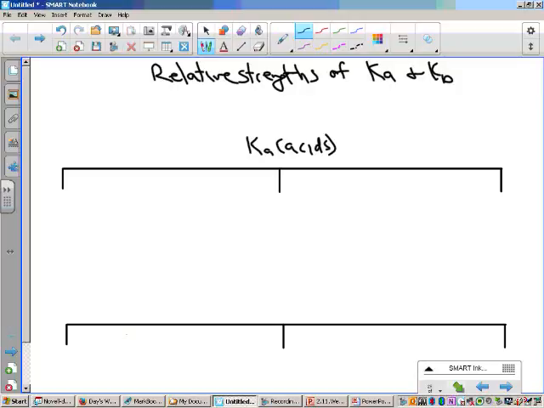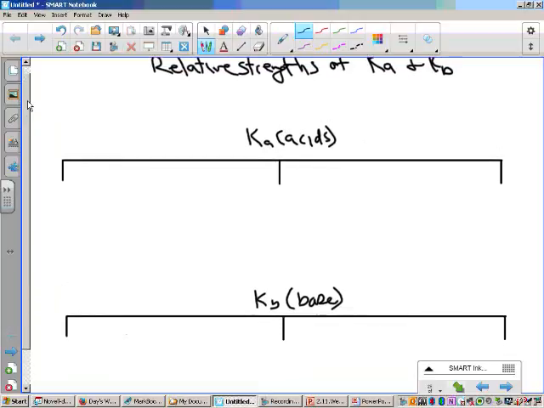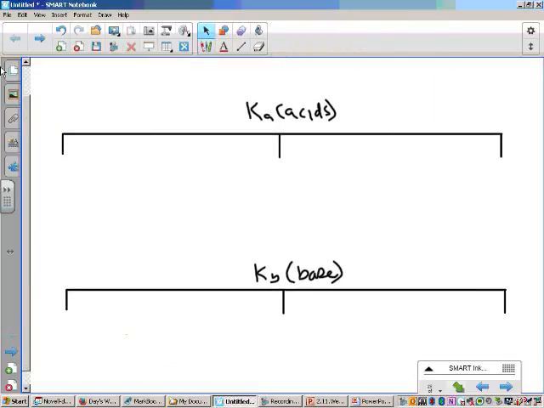And on the bottom scale, I'm going to be putting Kb values, which means I'm going to be dealing with bases, whether they're conjugate bases or just regular bases, it doesn't make any difference. I'm going to slide this up just a little bit. That title said relative strengths of Kas and Kbs.